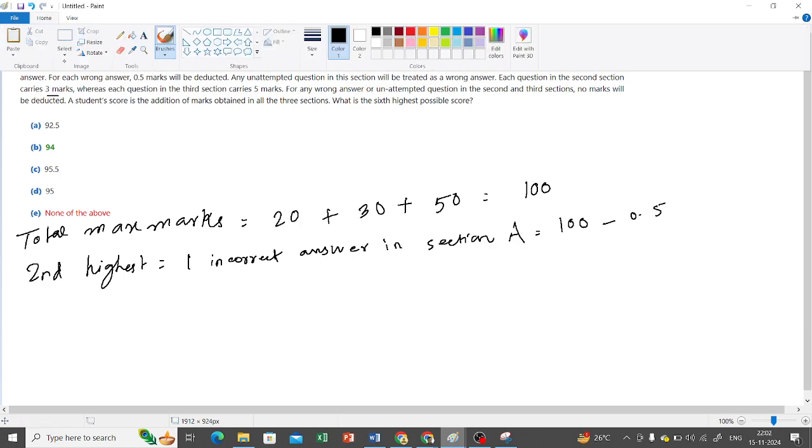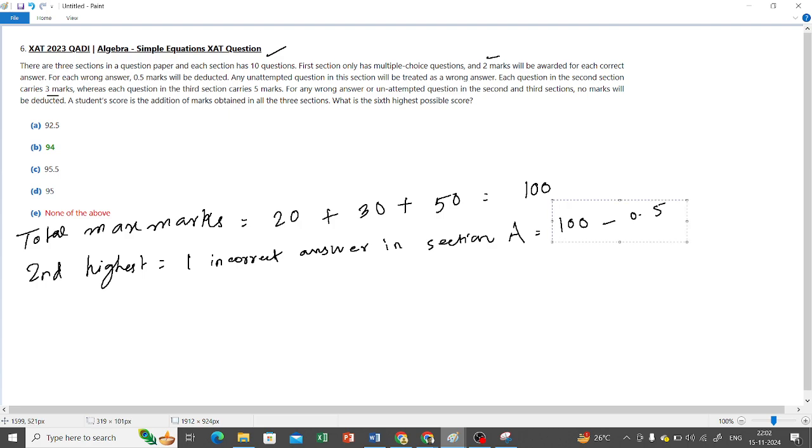Okay, so if the person is making one incorrect question in section A, then that means he made 9 correct in section A, right? So 9 correct in section A means 18, and the rest all correct.